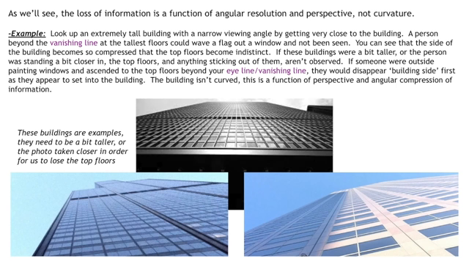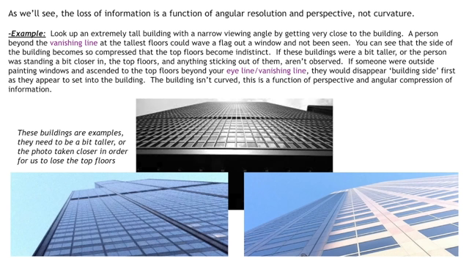So here's another example. If you're looking up an extremely tall building with a narrow viewing angle, by getting very close to the building and looking up, a person beyond the vanishing line at the tallest floors could wave a flag out a window and not be seen. You can see that the side of the building becomes so compressed that the top floors become indistinct.